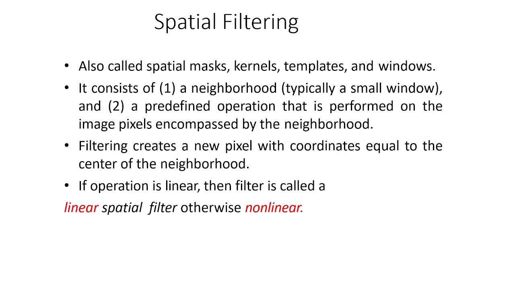In spatial filtering we also call it a spatial mask, kernel, template or window. The filtering creates a new pixel value with coordinates equal to the center of the neighborhood. If the predefined operation is linear, then we call that filter a linear filter, otherwise it is non-linear.